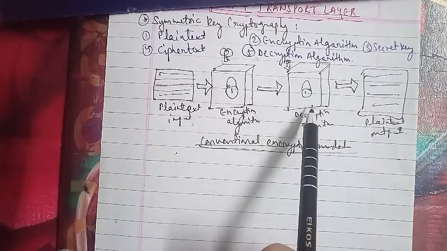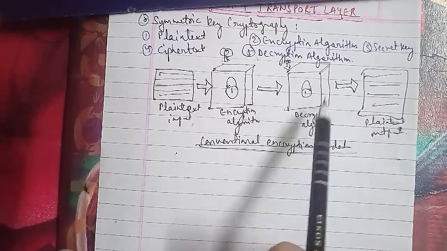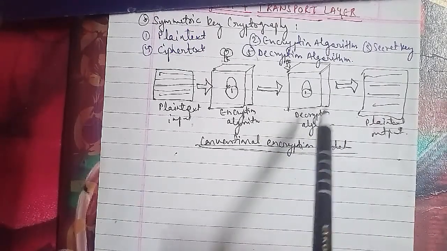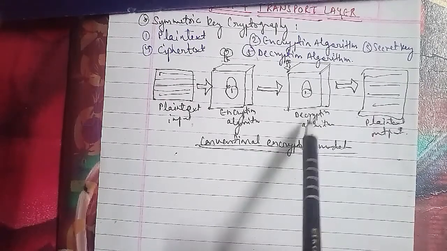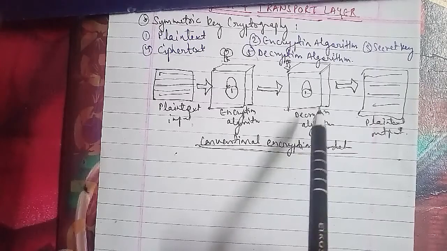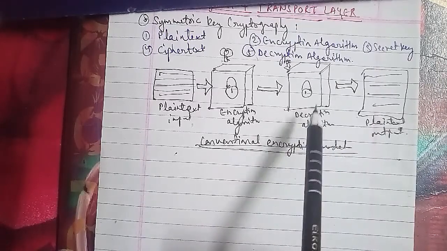The ciphertext is the scrambled message produced as output, and it depends on the plain text and the secret key as well. The decryption algorithm takes the ciphertext and the secret key and produces the original plain text as well.